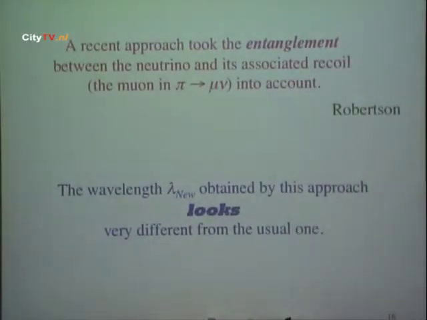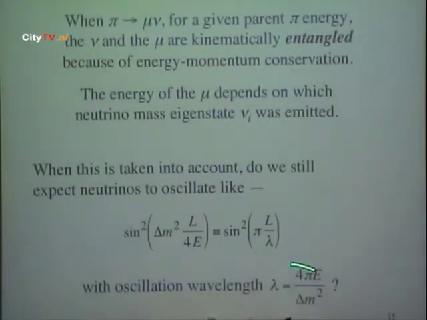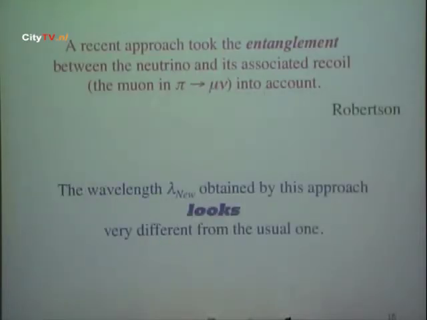Well, within the last year, an approach taking entanglement into account was constructed, and the wavelength that was derived for the oscillation looked very different than that usual one, like 50% different.